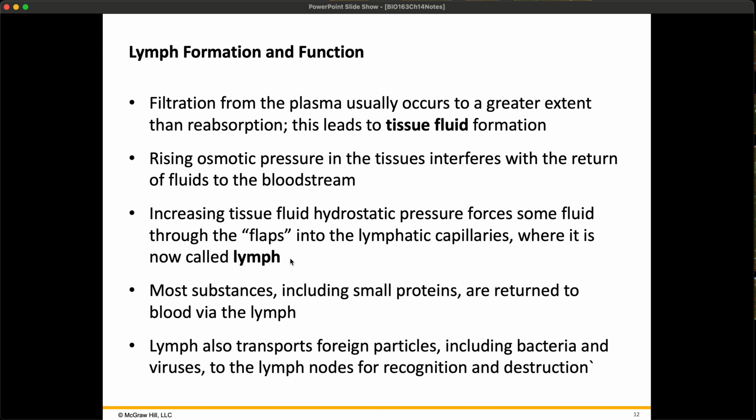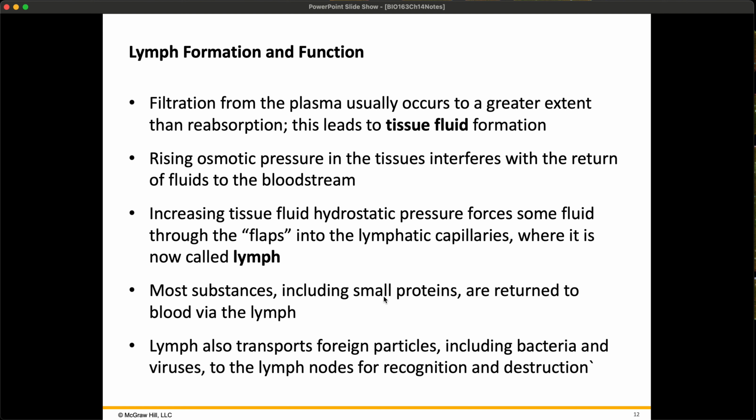So again, you have that filtration from blood plasma into interstitial fluid. And then from interstitial fluid, the pressure of fluid against the lymph capillaries is what pushes that excess fluid in there. So it's a passive way of making sure that our bodies maintain the right interstitial fluid amount.